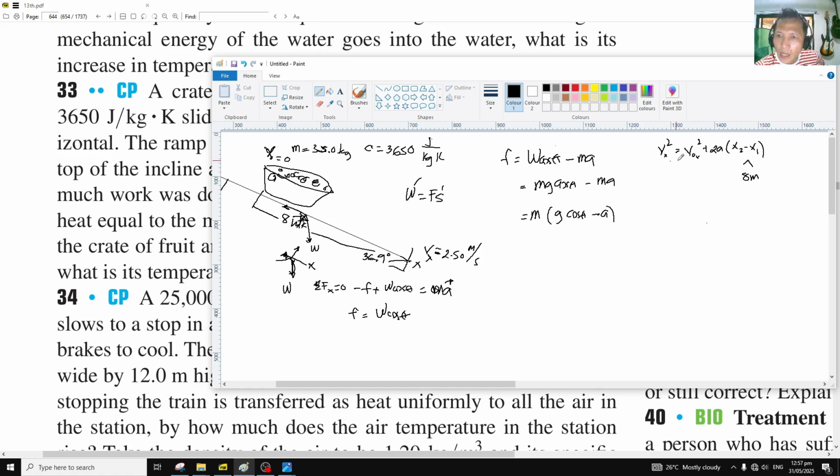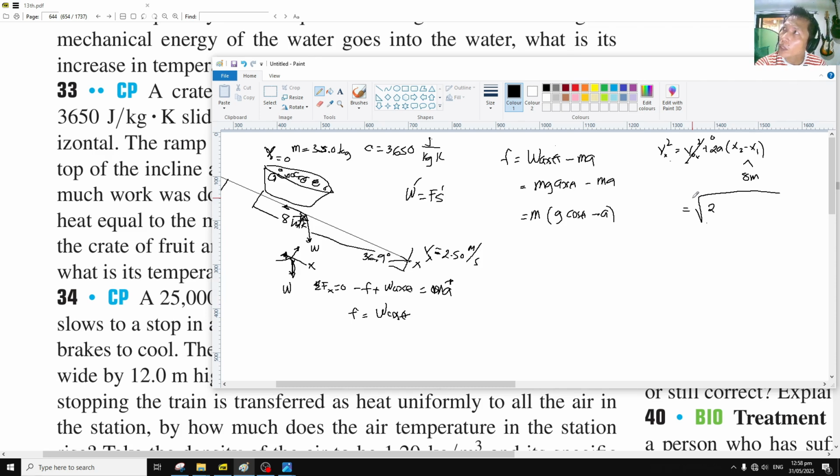Okay? Then our V0 is 0. The other equation is V average multiplied by time, but that has time, so we won't use it.